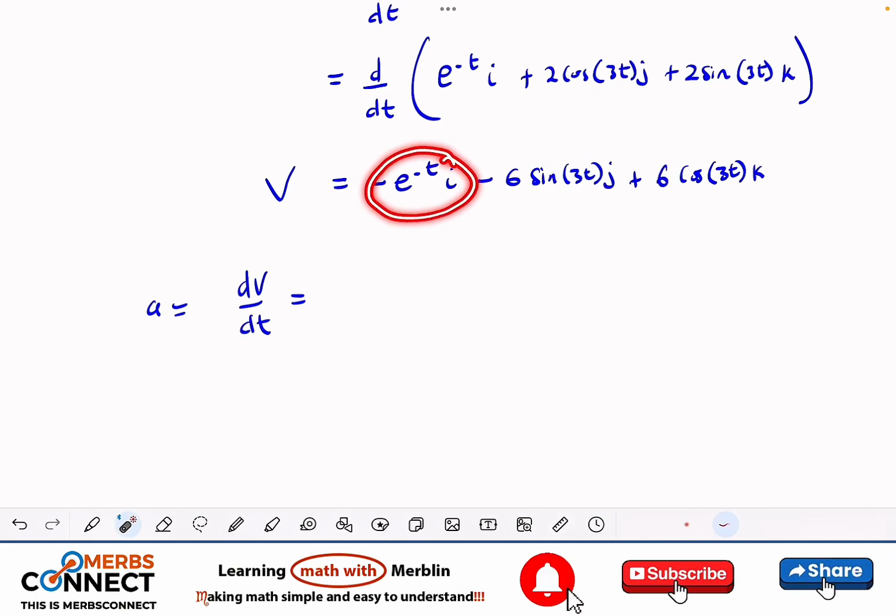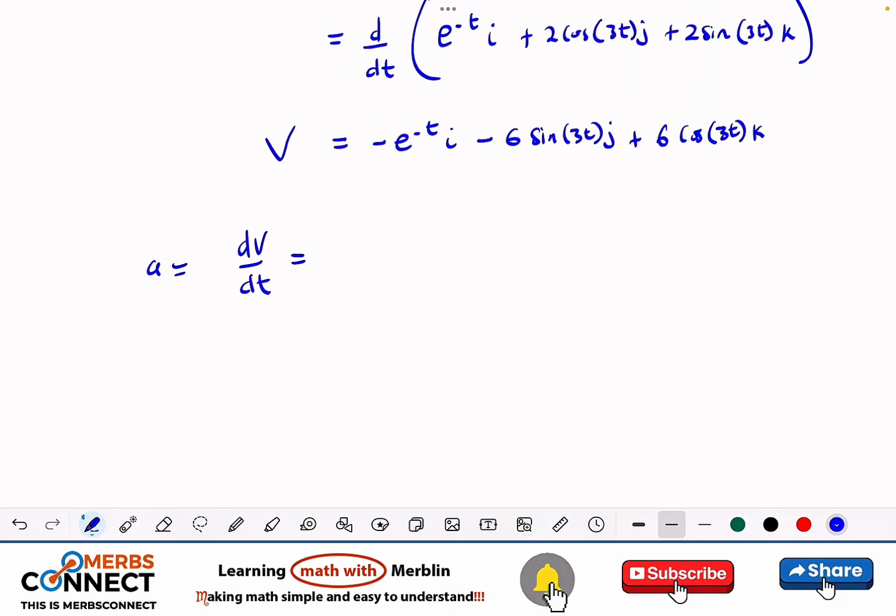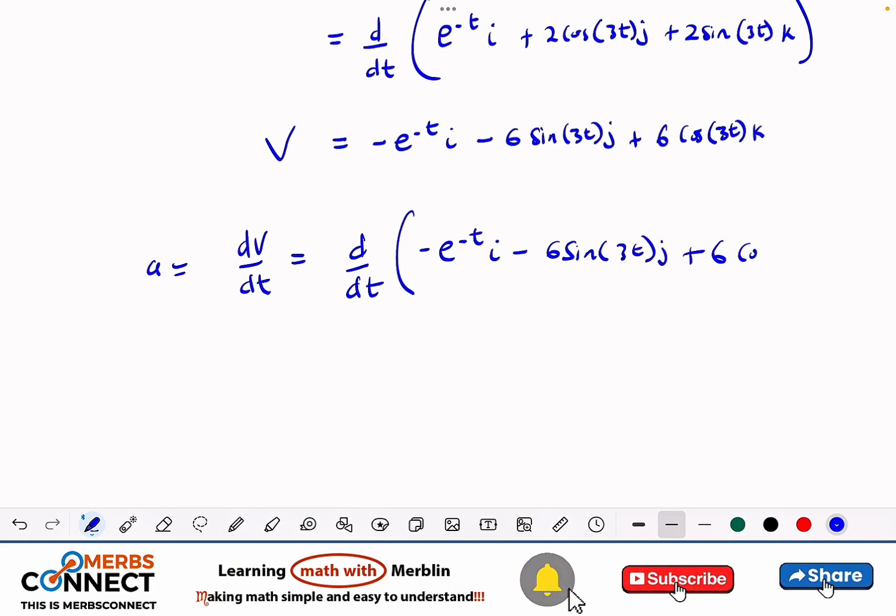Differentiating this again. Now what am I going to get? This is basically something like d over dt of (minus e to the power minus t i minus 6 sine 3t j plus 6 cos 3t k). So here, when your differentiation is very good, it's very simple to do. Let's differentiate this.